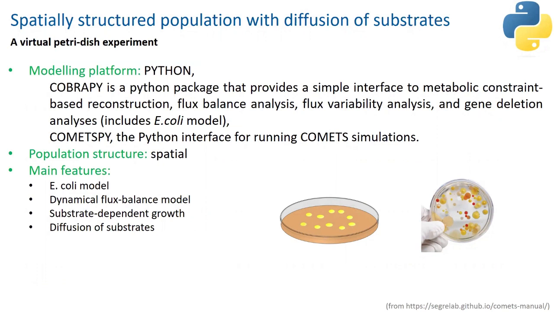So now coming back to Python, now we will do the spatially explicit examples. So we can call virtual Petri dish experiments with this Python. So we use CobraPy, which uses Cobra, and CometsPy, which is the interface to run the Comets simulations, right?